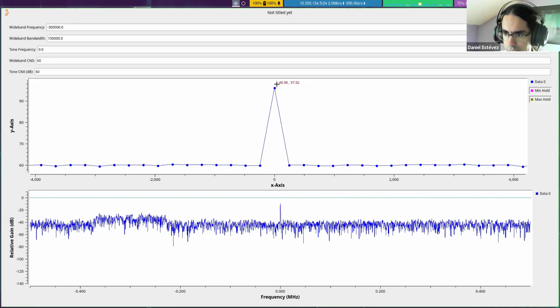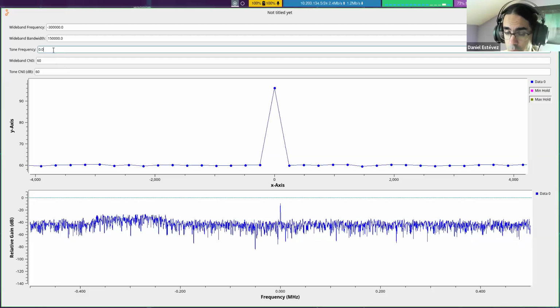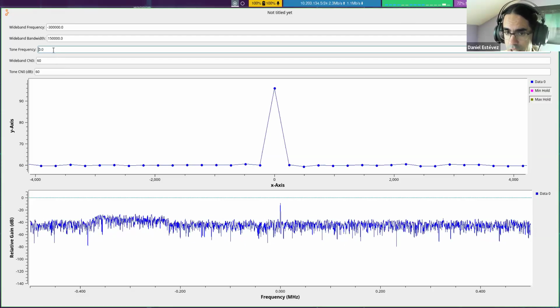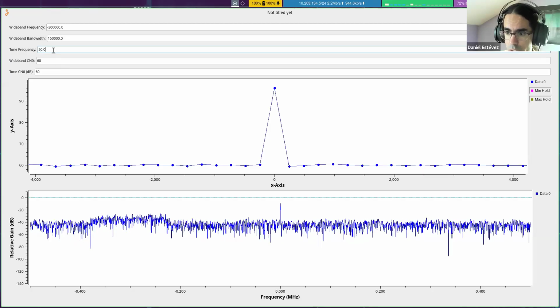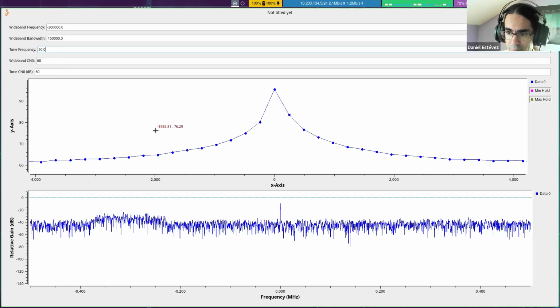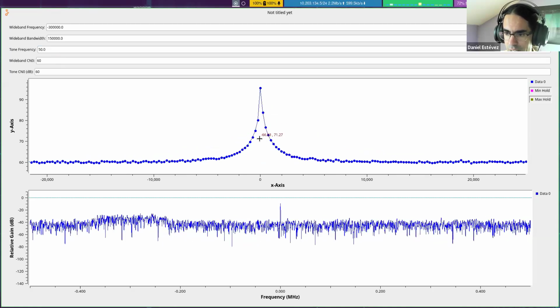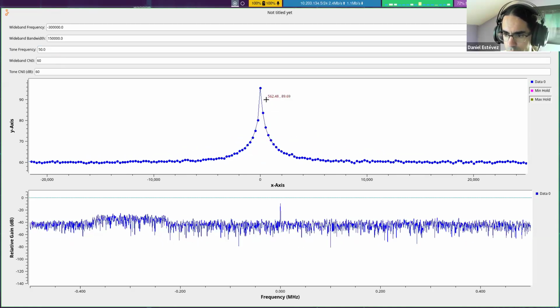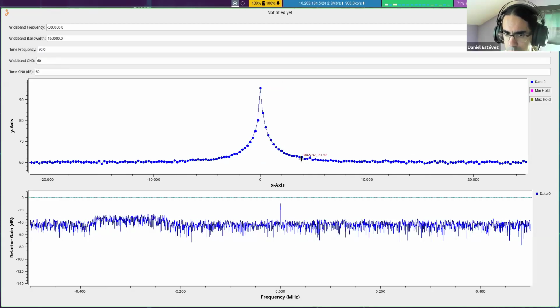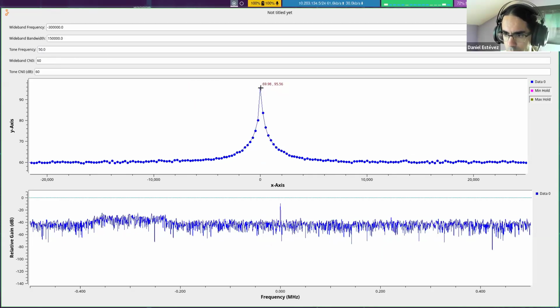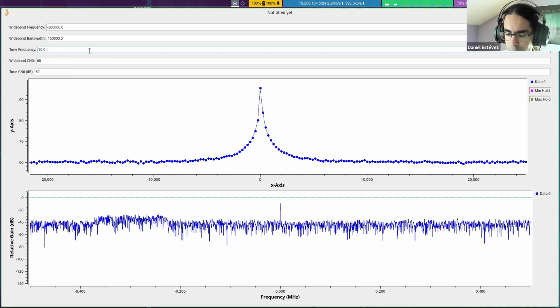Since the power is only concentrated here, there are literally 0 scalloping losses. So for this case, it's the best choice. But that case is like, you need to be very lucky. If I ever shift my thing by 50 hertz, now you can see the spectral leakage is huge. I see my signal distributed over all of these points, and that for sure causes a lot of scalloping losses.